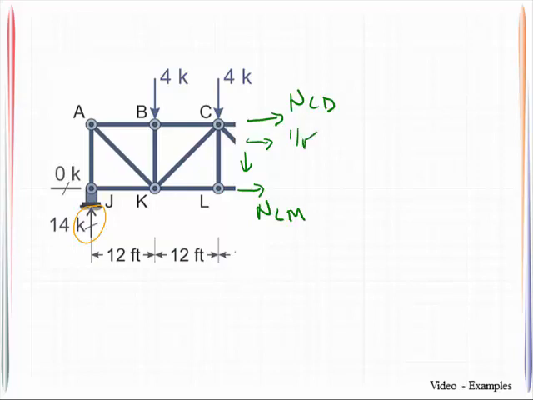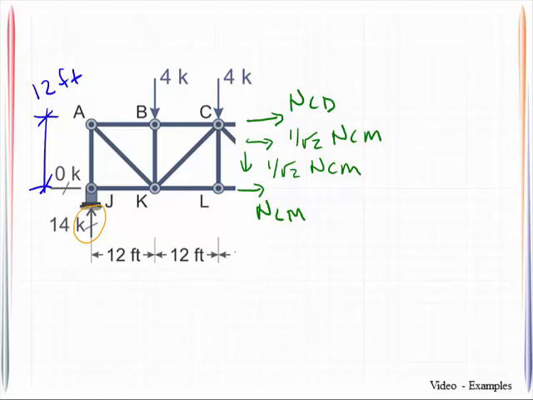This will be 1 over square root of 2 NCM. And the vertical component will also be 1 over square root of 2 NCM. We are going to need to have this piece of information here if you hadn't picked it up on the first diagram that was given to you. That is 12 feet tall.